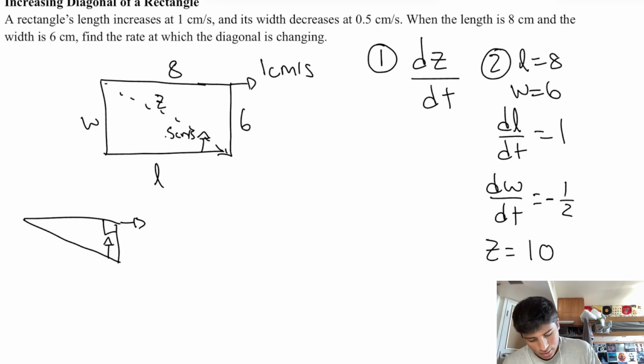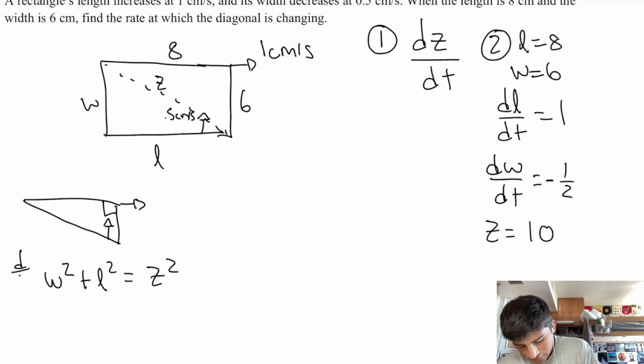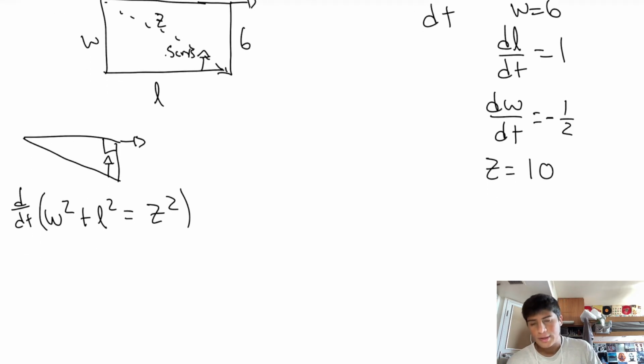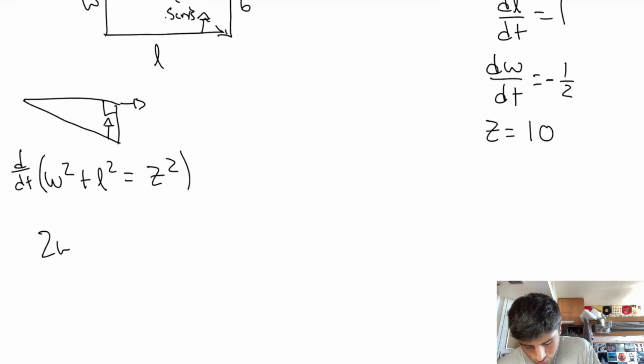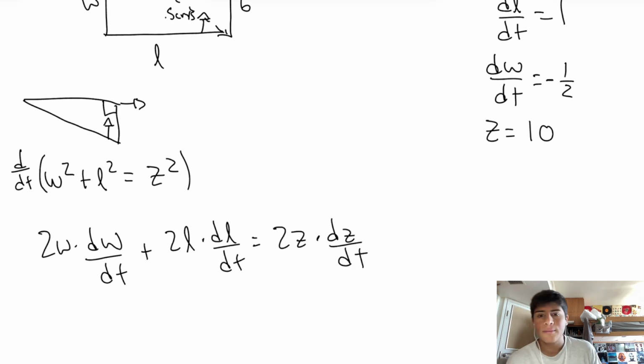So let's write that as w squared plus L squared equals Z squared. Now we differentiate it in terms of time, because we're trying to find dz over dt, and we get 2w times dw over dt plus 2l times dl over dt equals 2z times dz over dt.